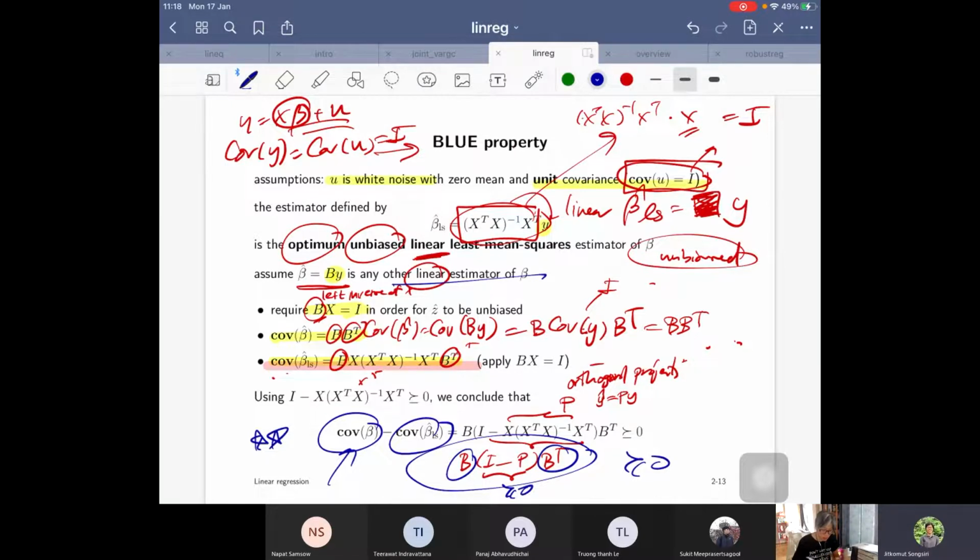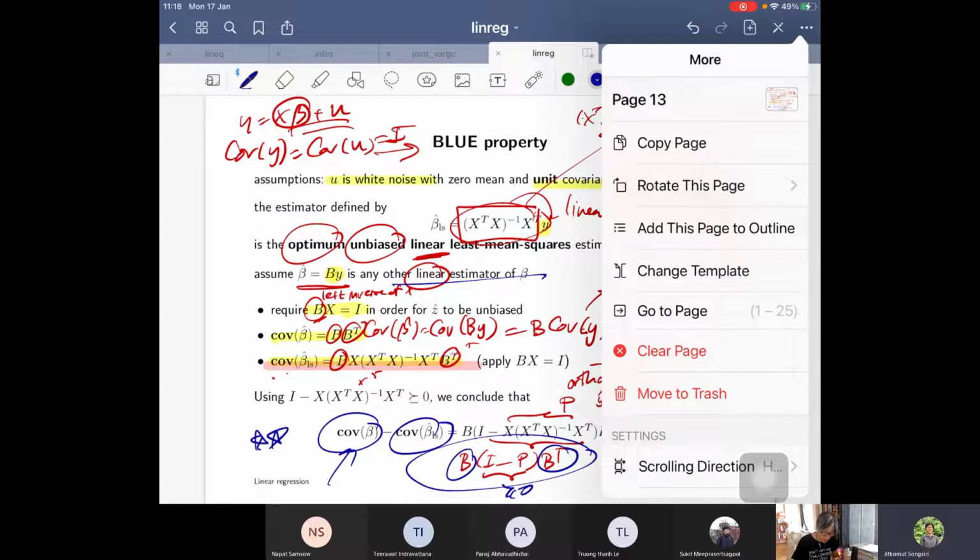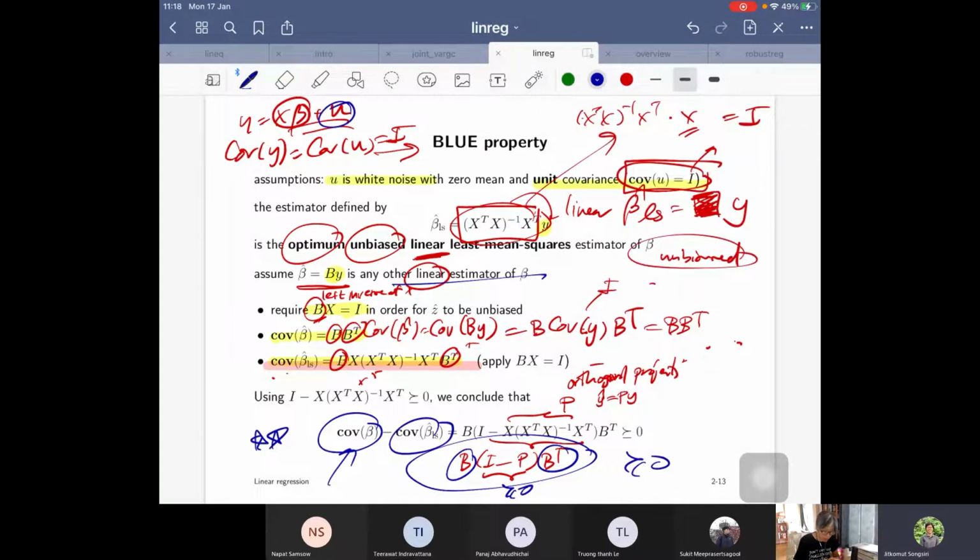This holds under the assumption that the noise in the data generating process is uncorrelated. I use the term white noise here, which means that the covariance of u_i and u_j is 0, and it also has uniform variance. The variance of u_i is equal for all the components. And the proof doesn't depend on the scalar value of the variance, so I assume it's 1. You can assume it without loss of generality.